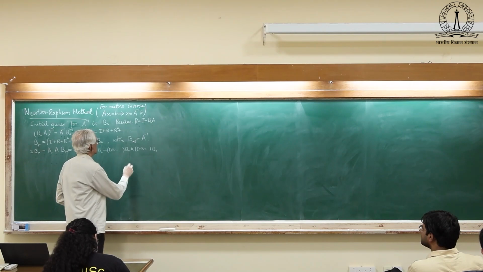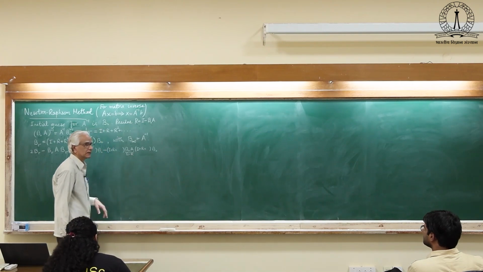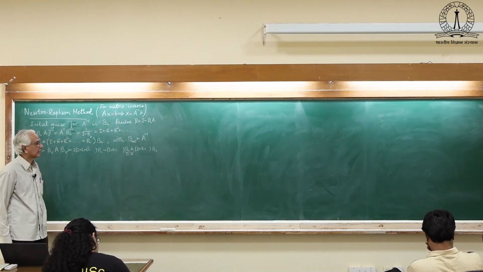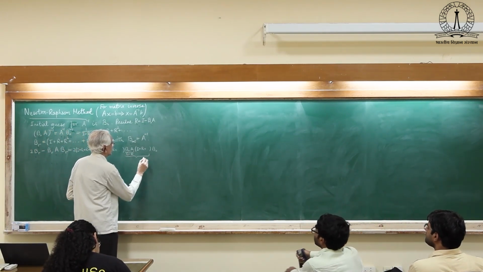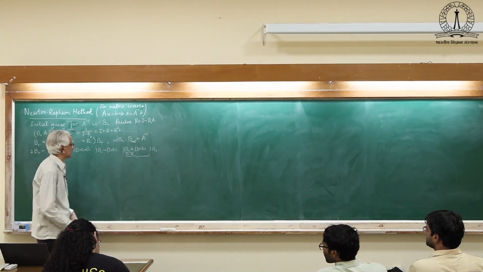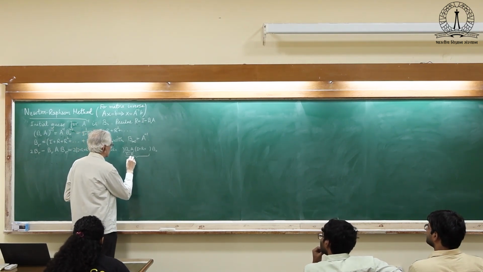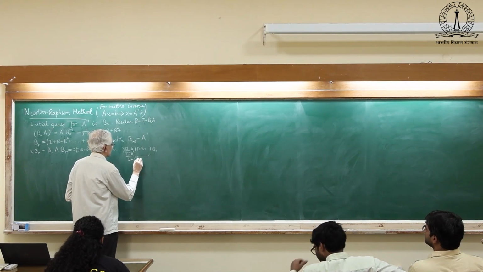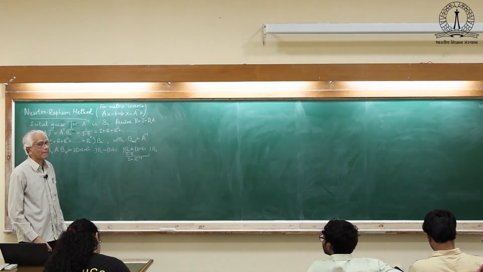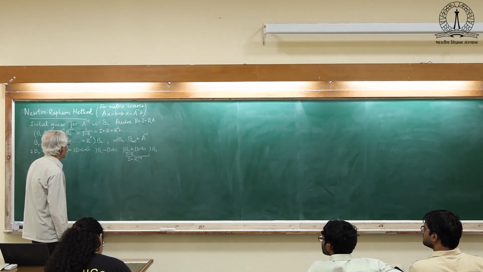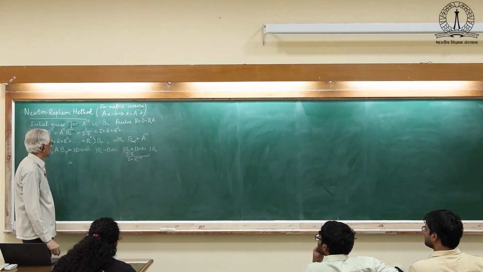But what is B0 A? This is I - R. And what is this product? It's a well-known identity in summing up a geometric series, which is I - R raised to r plus 1. Okay, so that now gives me the simplification.